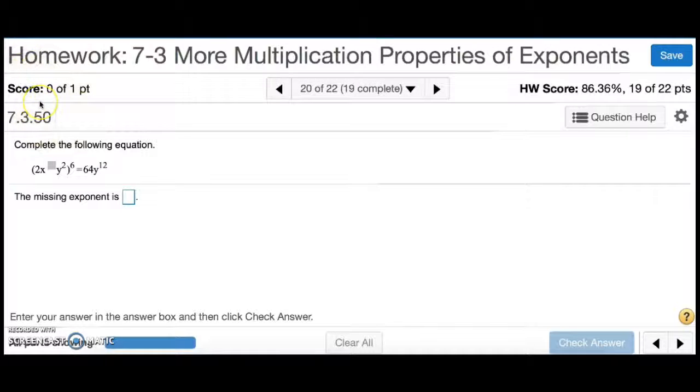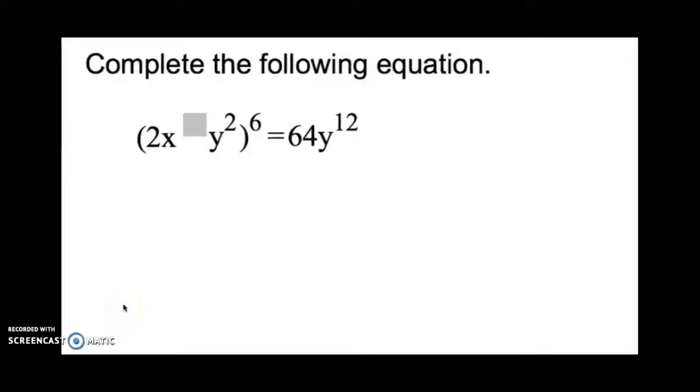Number 20, we are doing a similar thing in that we're looking for the missing exponent. So let's take a closer look at it. So what we're looking for is the exponent on x. Now notice how over here we have no more x. And the way to get rid of that would be if we had something that would make x go away.